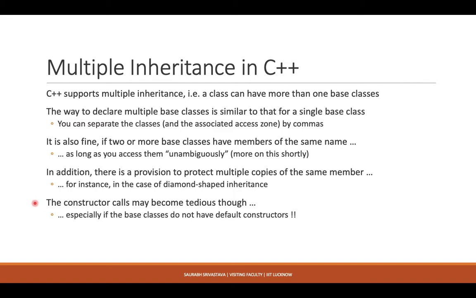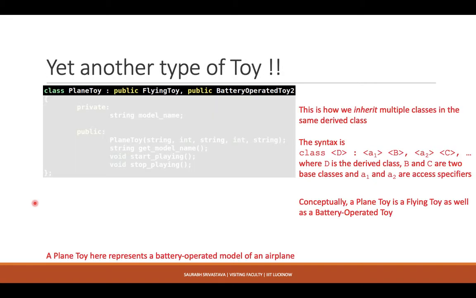You know that constructors in C++ are already very complicated, especially in the case of inheritance. You have to pass on some parameters to the base class. Here, when you have multiple inheritance, you have to pass on the parameters to multiple classes' constructors. And if it is the case of diamond shaped inheritance, and you have to resolve the problem using some mechanism, then even more calls are to be made from the header of the constructor.